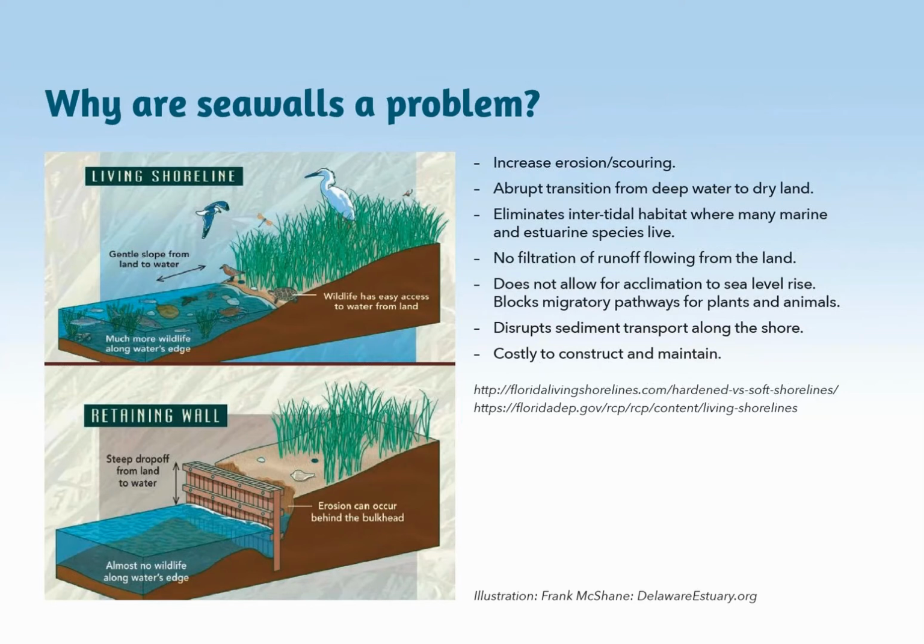And seawalls actually have a scouring effect on the bottom. And so when the wave comes in and hits the seawall and then projects downward, it sort of digs a hole at the foot of the seawall, allowing sand from behind it to flow out into the waterway. And then those seawalls can collapse. And that's what you saw happening in that earlier photo that I showed. And I'll show you that photo again in context.